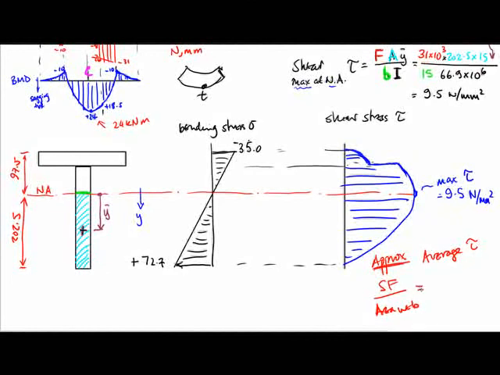Okay? So in here, the shear force was 31 kilonewtons, or 31,000 newtons. The area of the web is 280 times 15. And if you do this calculation, we get a stress value of 7.4 newtons per millimeter squared, which is not very different to the 9.5.